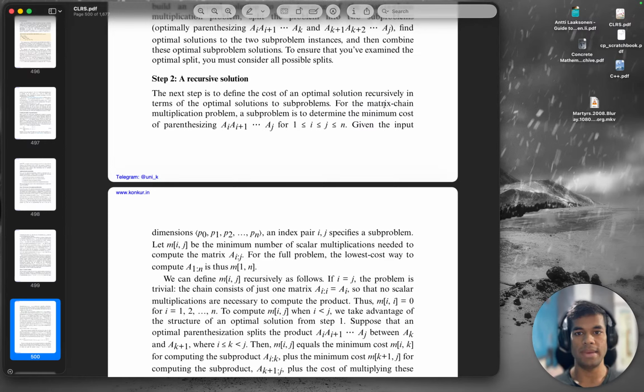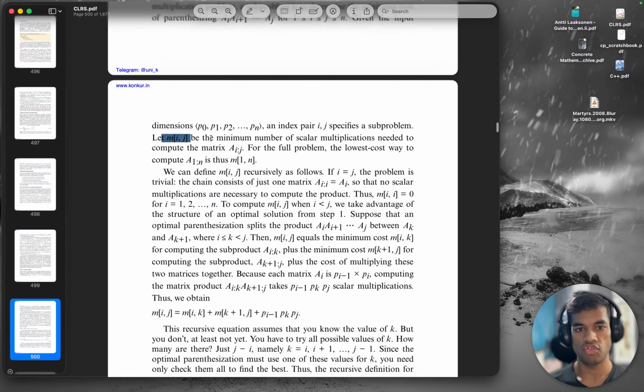For the matrix chain multiplication problem, a subproblem is to determine the minimum cost of parenthesizing some subpart of the whole matrix chain when we are splitting it at some index k. Given the input dimensions, an index pair ij specifies a subproblem.